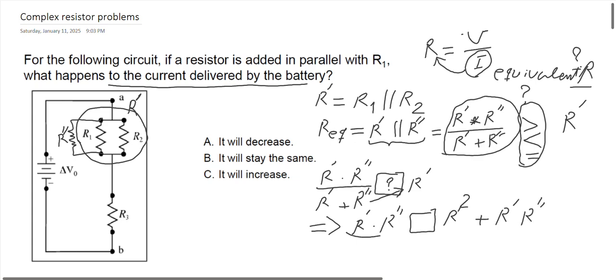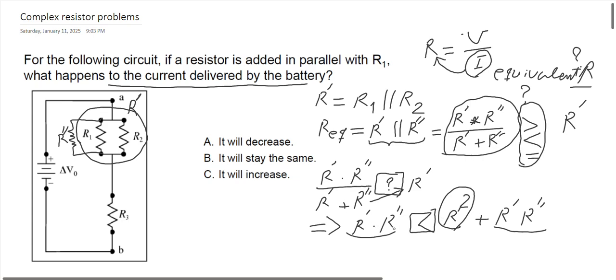Look at here. We have the same term R prime R second at both sides, but at the right side I have an extra term, R prime square. That clearly shows me that the right side is greater than the left side.